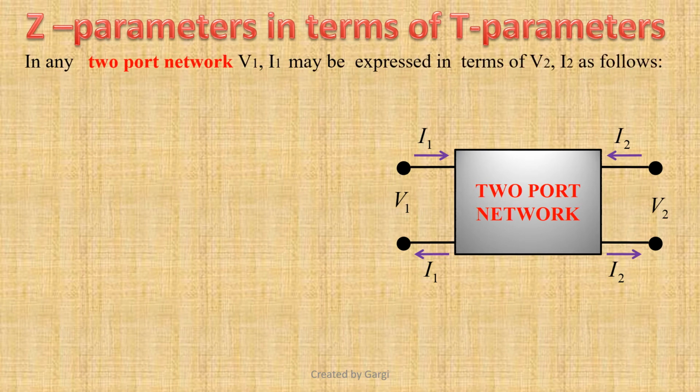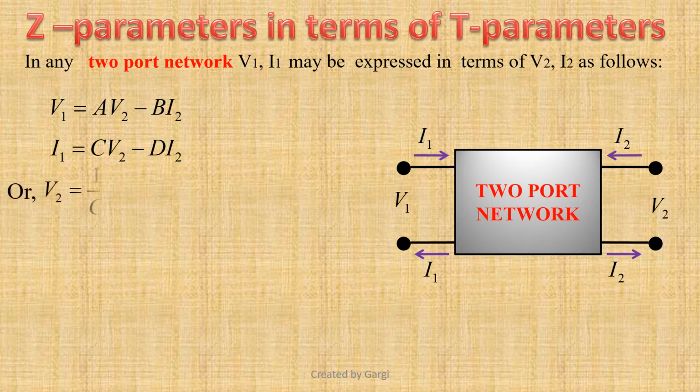The linear equations used in this case are V1 equals A V2 minus B I2 and I1 equals C V2 minus D I2. By rearranging the second equation, we get V2 equals 1 upon C times I1 plus D upon C times I2.